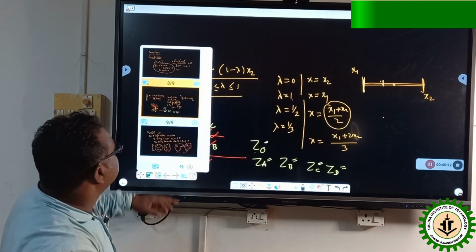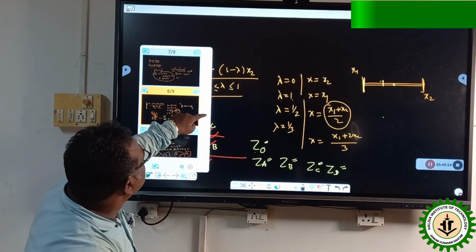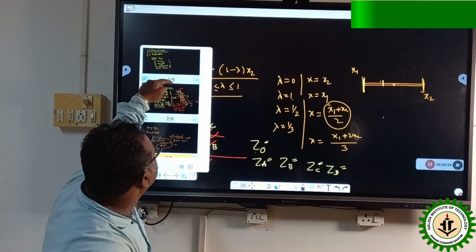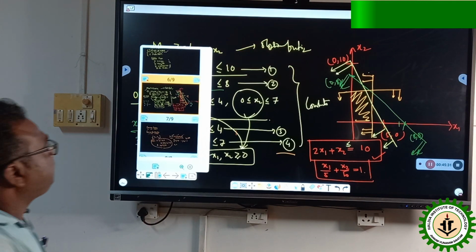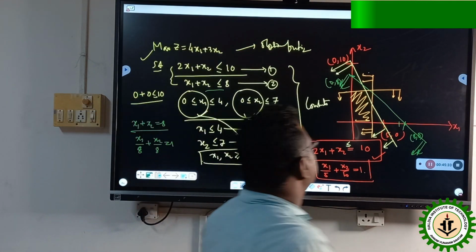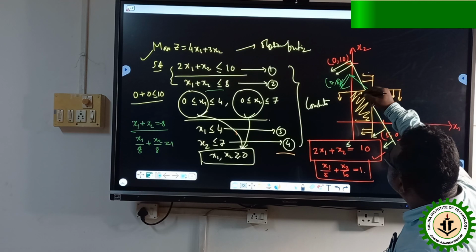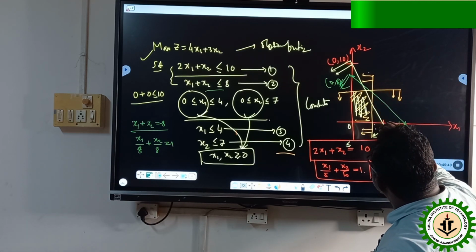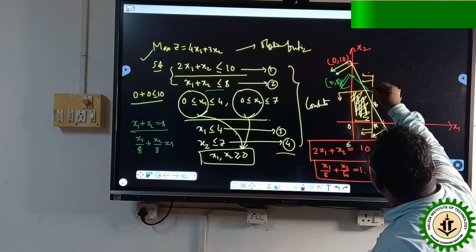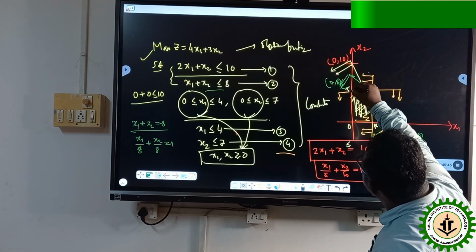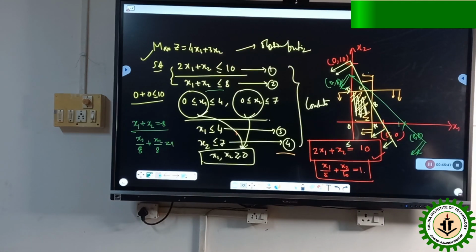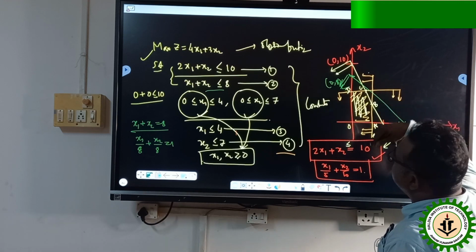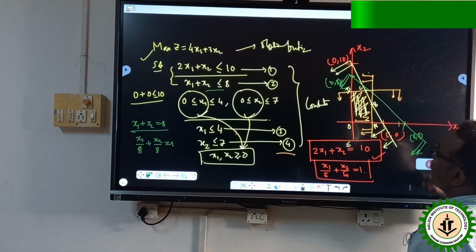So let us go to this slide now. Okay, this one. You can see that this is your common region, and in this common region, this is O, this is your A, this is your B, this is your C, and this is your D. You have to find these coordinates by solving the equations of the lines.